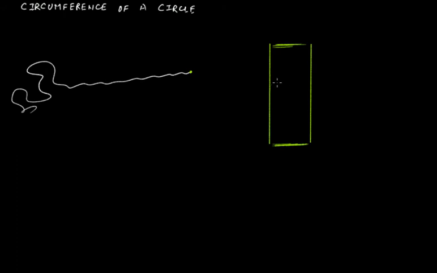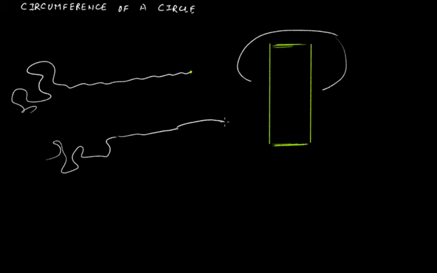If you round it in a way that it forms a perfect circle, with this tip coming here, so it has formed a perfect circle.